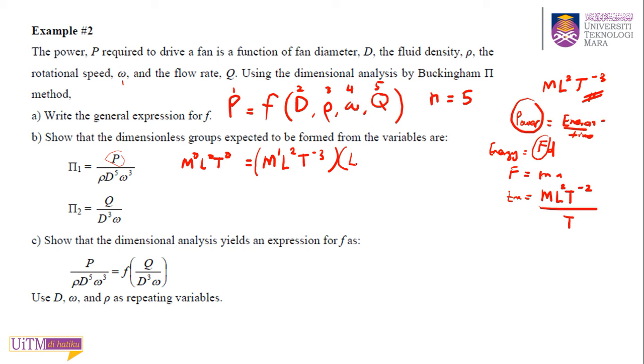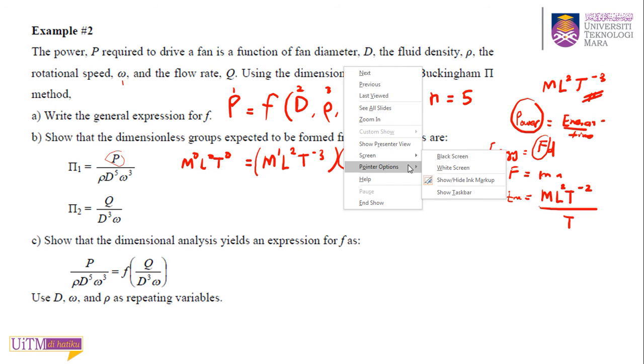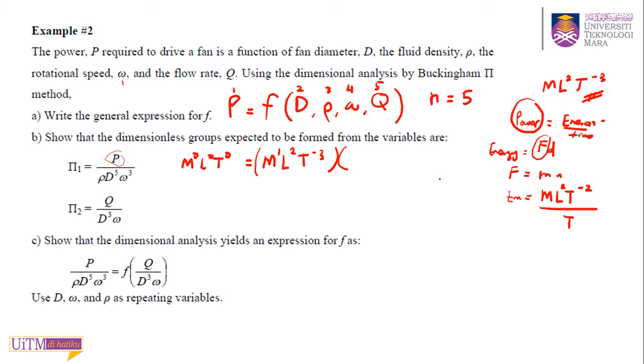Rho we did earlier. It is M1 L minus 3. Good. And we have distance. Distance is L1, and we have this omega, the speed. What is it for speed?